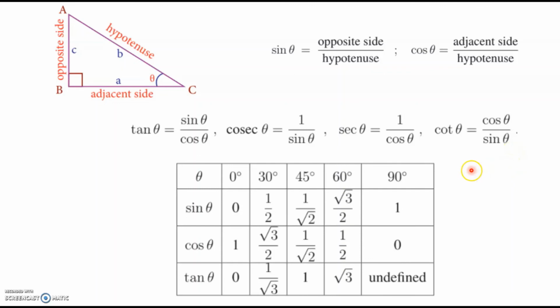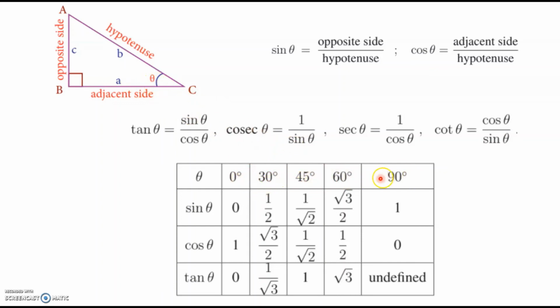And a gentle reminder of our trigonometric ratio values for 0 degrees, 30 degrees, 45 degrees, 60 degrees, and 90 degrees.